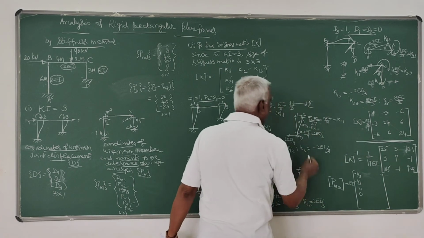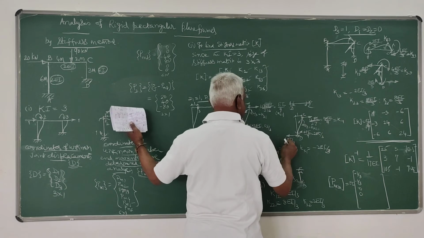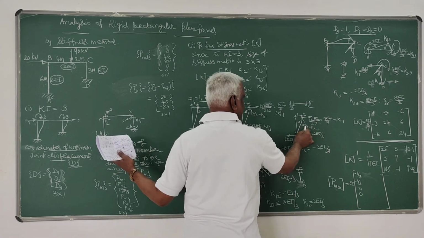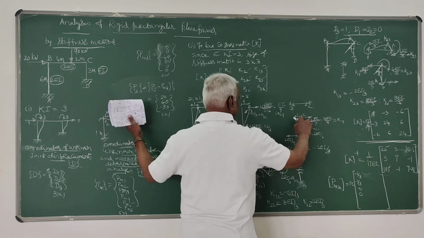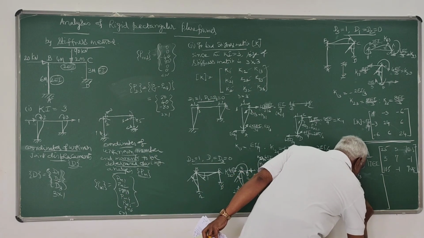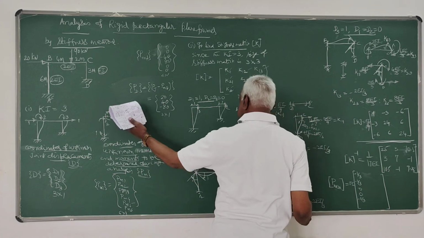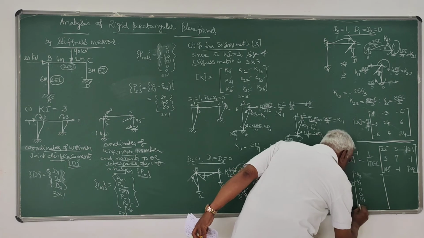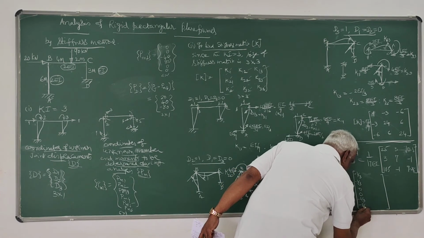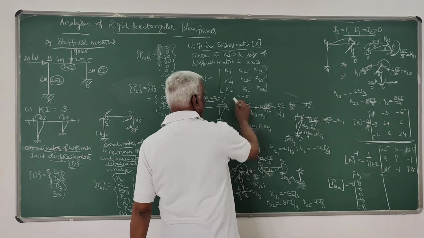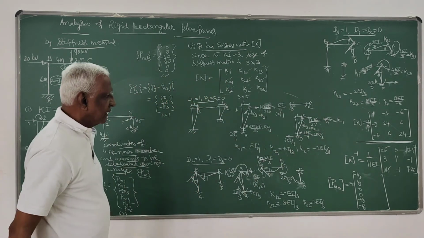forces. And along 5 and 6, when unit displacement is given, along 5, it is 2EI by 3, which is anti-clockwise, so this is minus 2 by 3, and along 6, this is again anti-clockwise, minus 2 by 3. These are the elements of PMU when unit displacement is given along coordinate 1.